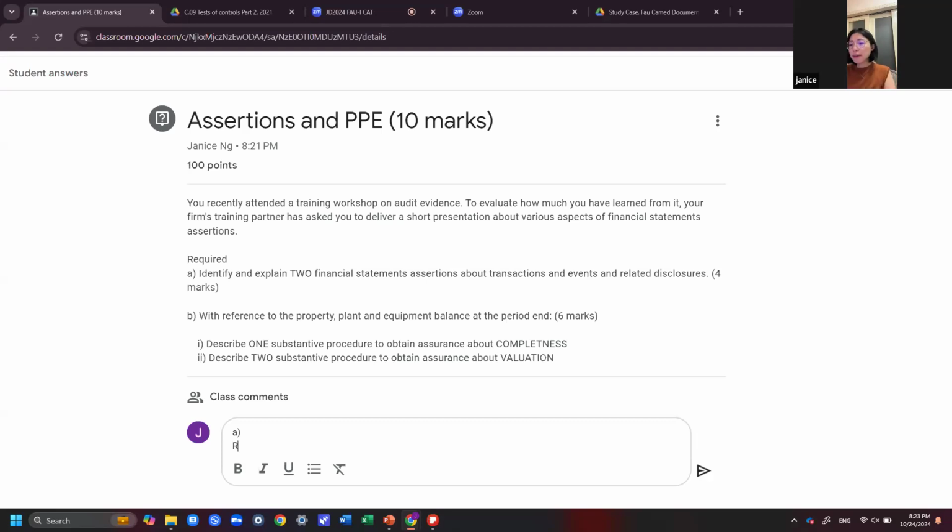So here, can we talk about rights and obligations? Could we talk about rights and obligations here? What do you guys think?